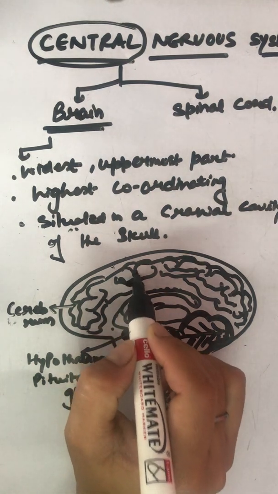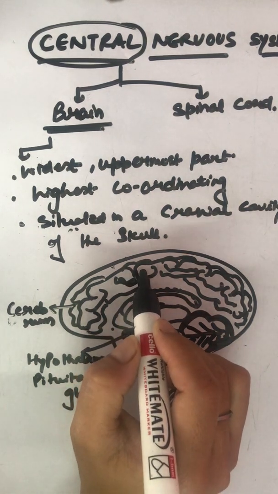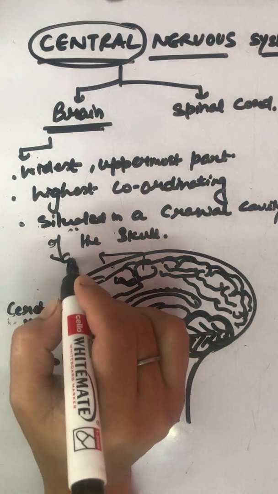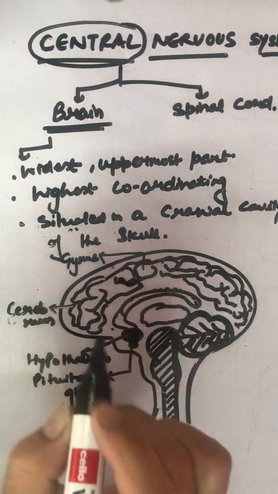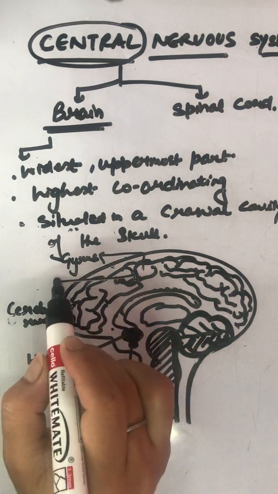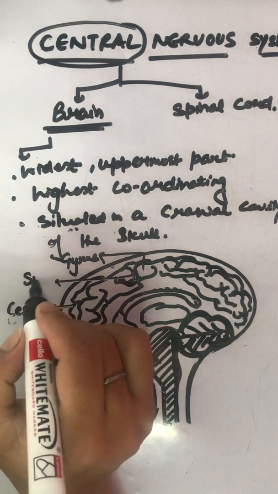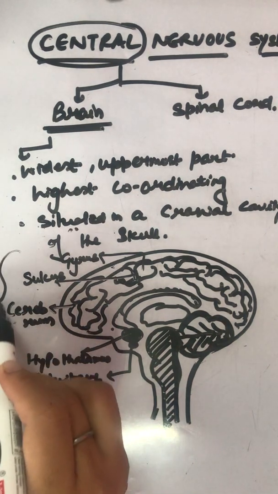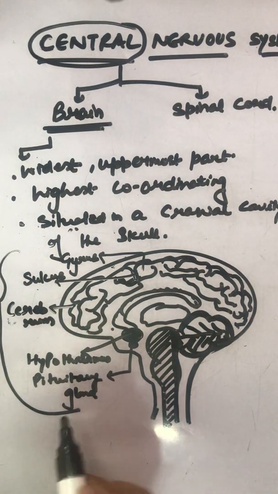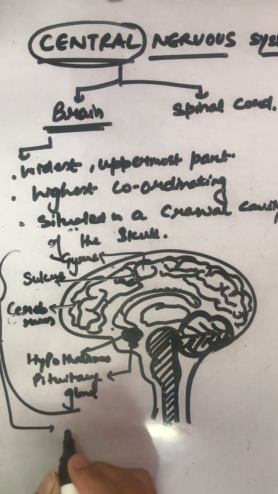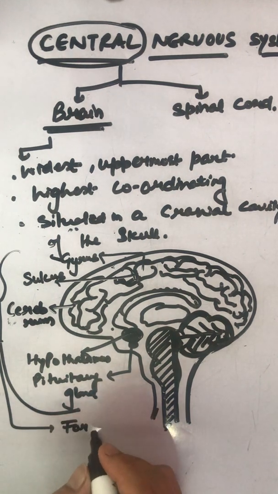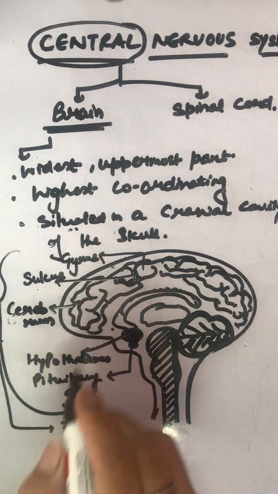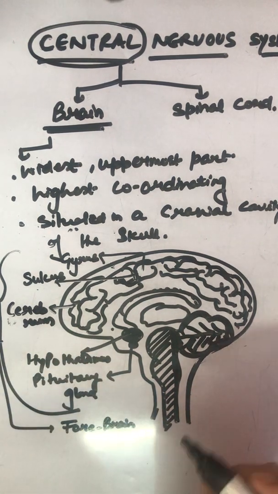These are the grooves and these are the ridges. Ridges we call gyrus, or gyri in plural, and the grooves are called sulcus, or sulci. All these are the parts of the forebrain. So this covers our forebrain.